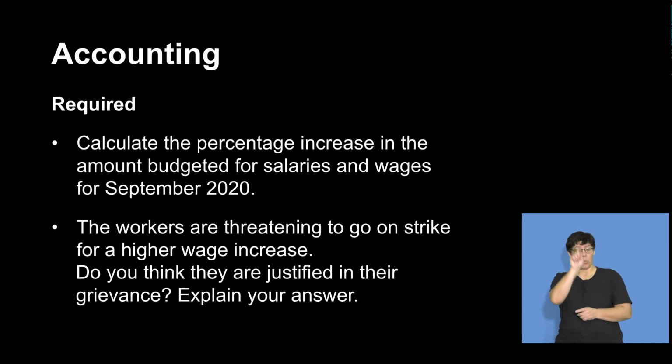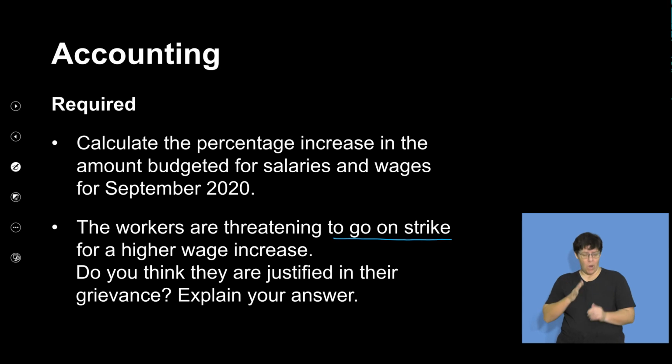It says here, required, calculate the percentage increase in the amount budgeted for salaries and wages for September 2020. The question further says the workers are threatening to go on strike for a higher wage increase.